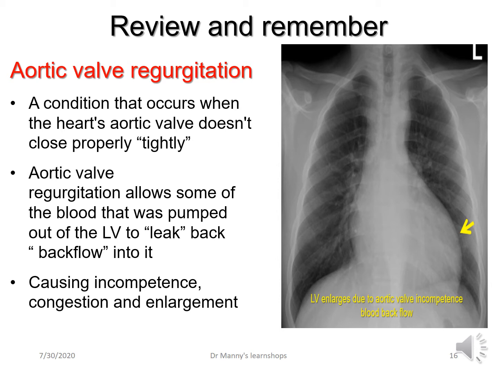Because it doesn't close tightly, you end up getting regurgitation or backflow, and the valve becomes incompetent. This allows some of the blood that was initially pumped out of the left ventricle to leak back into it.